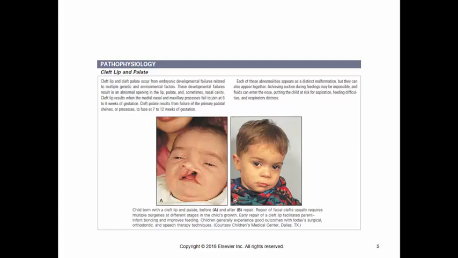Cleft lip and palate is thought to be due to genetic and environmental factors like maternal smoking, but there also doesn't have to necessarily be any kind of indication like that. Cleft lip has the visible deformities, but also we could be seeing things like missing teeth, so we have to add that into all of these oral surgeries that these children are going to be getting.